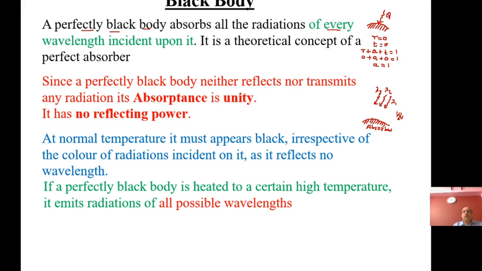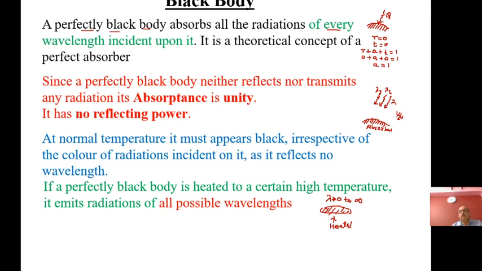Now the opposite case. If a perfectly black body is heated, then it will emit all possible wavelengths. It means the range of the wavelength will be 0 to infinity.